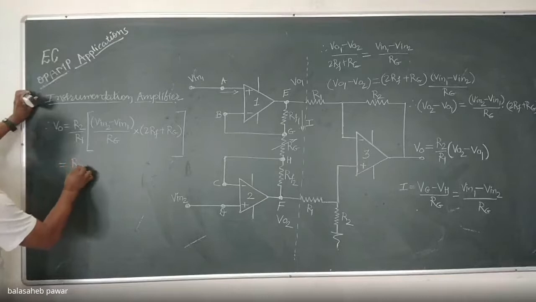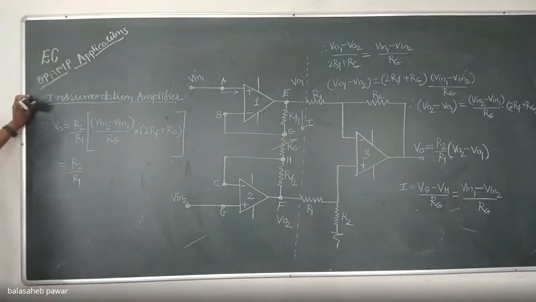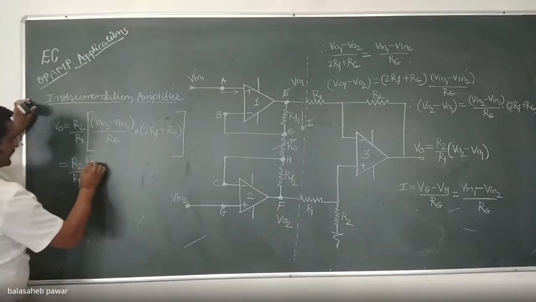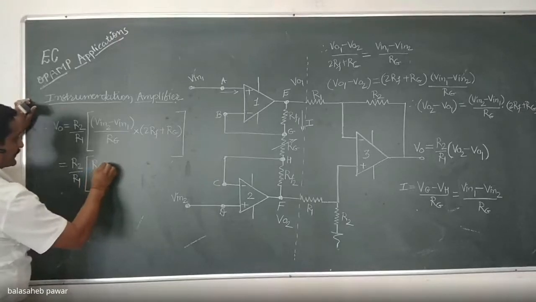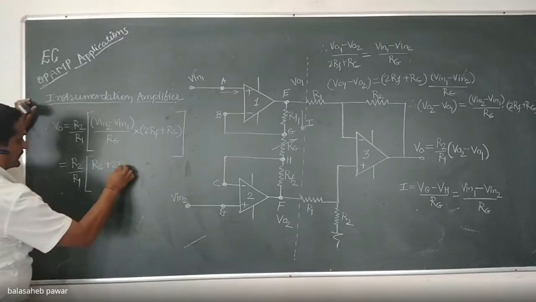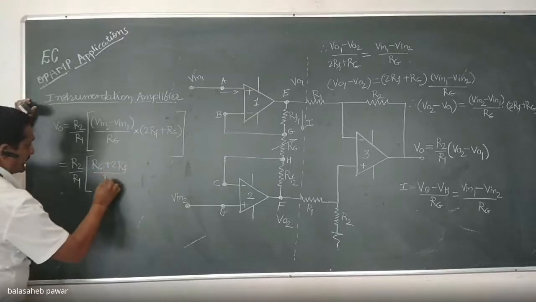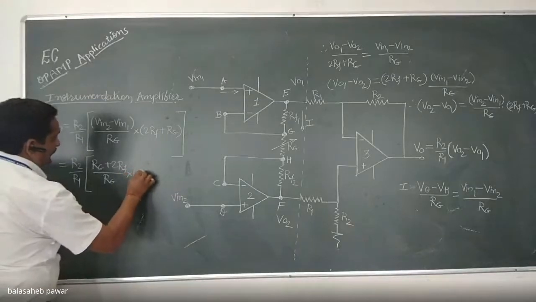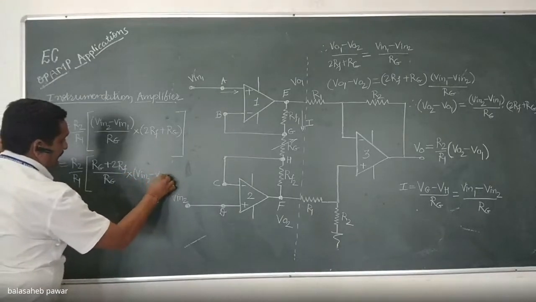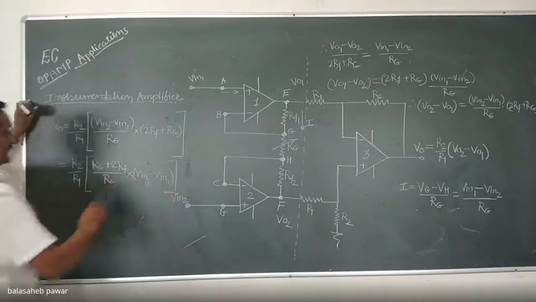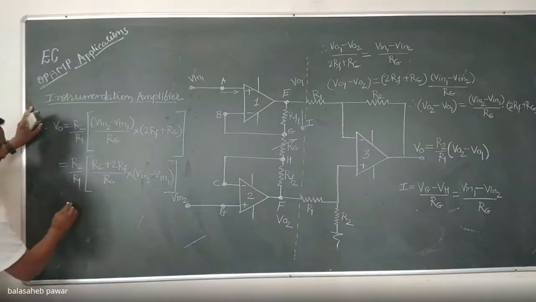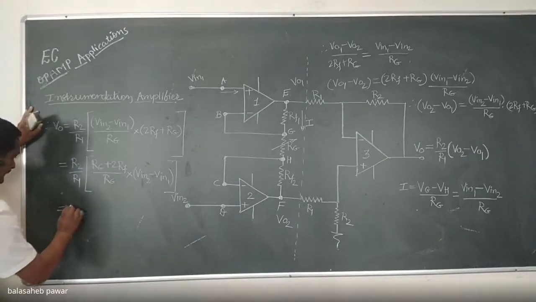Now simply by rearranging the terms, again we can write that equals R2 by R1 in bracket RG plus twice of RF divided by RG into Vin2 minus Vin1.